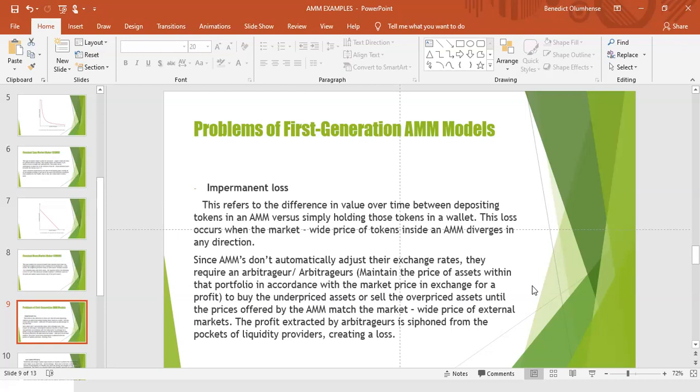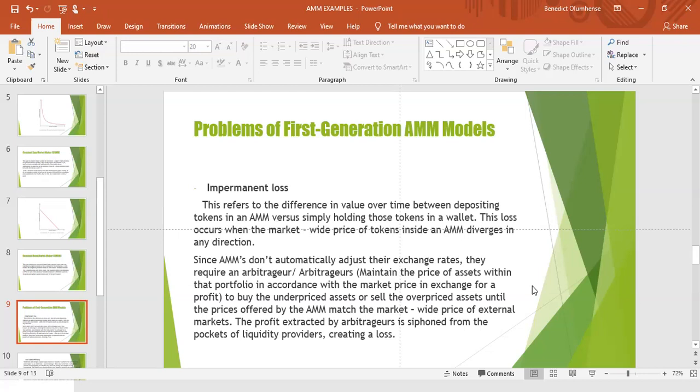So sometimes an arbitrageur buys an underpriced asset or sells an overpriced asset until the prices offered by the AMM match market-wide prices of external markets. So the profit extracted by these people is siphoned from the pockets of liquidity providers.